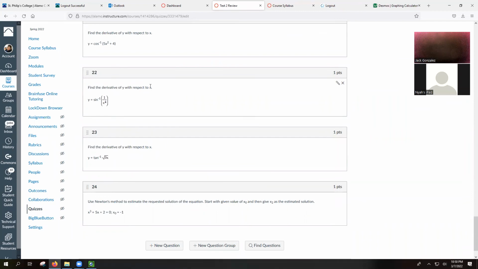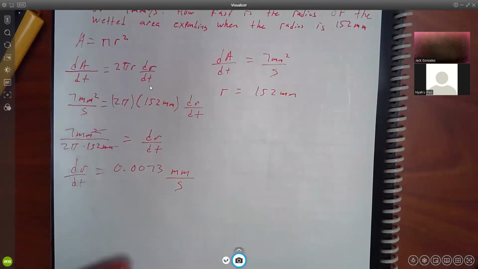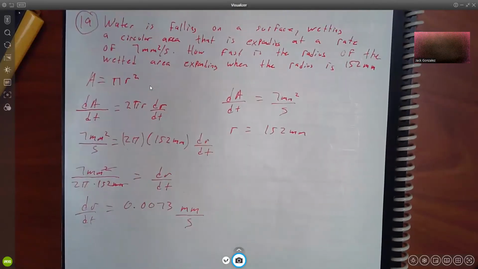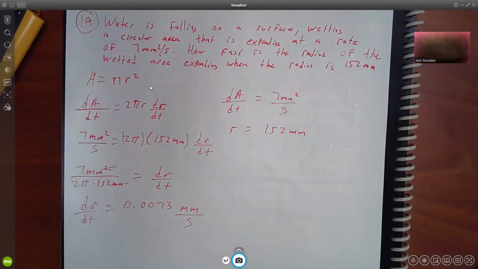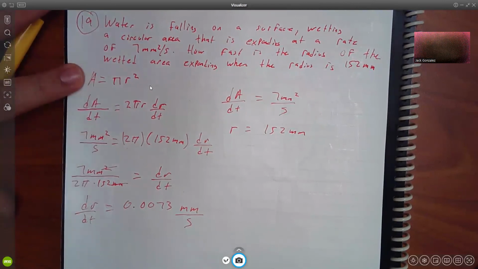But leave your notebook up because I have a question. On the very top one right there, we got the area of pi r squared. Underneath that is setting up that second one. That dA/dt goes 2 pi r dr/dt, just how you said. So do the derivative of A with respect to time.